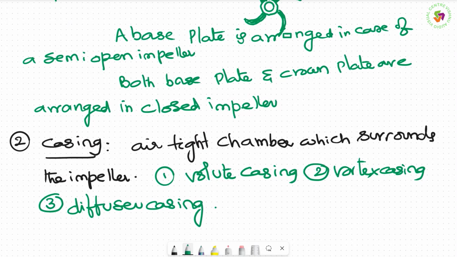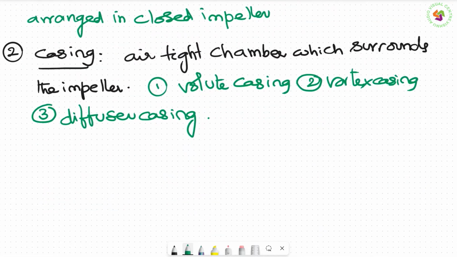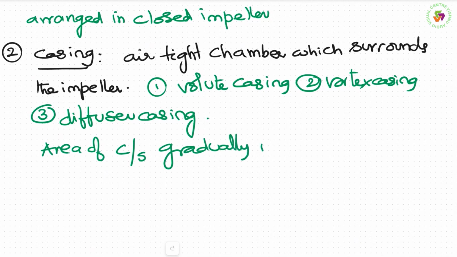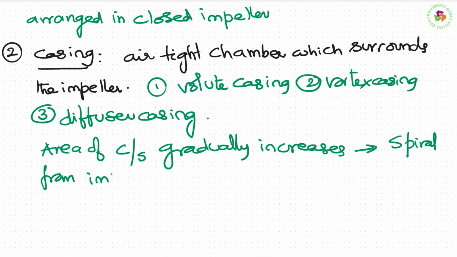Already I have given you the figures in this lecture itself. In any of these types, the area of cross section gradually increases. It is a spiral casing, but the area of cross section gradually increases from the impeller to the delivery pipe.